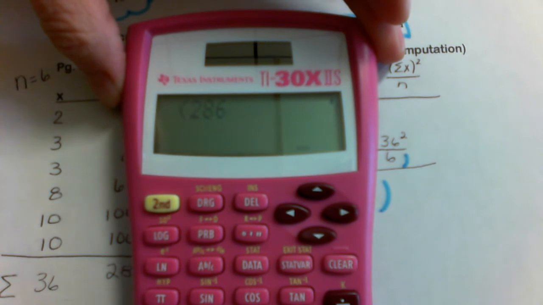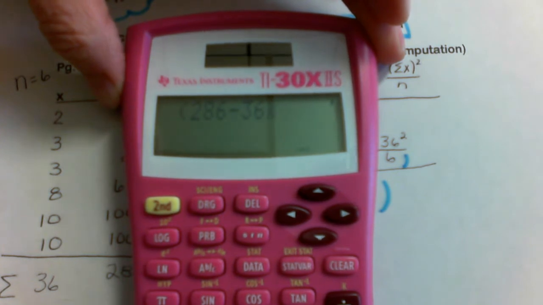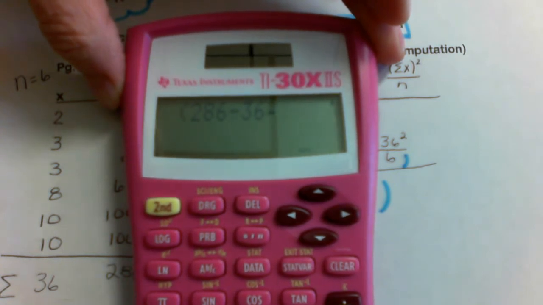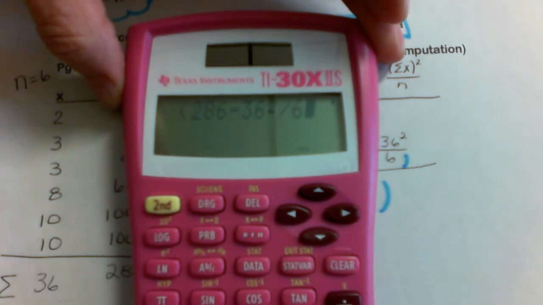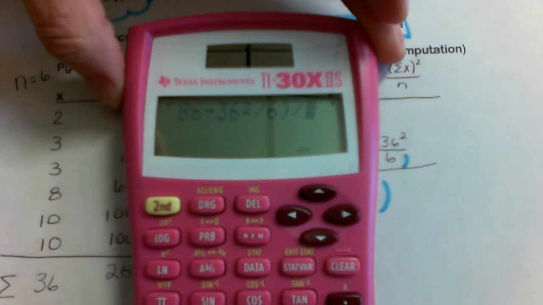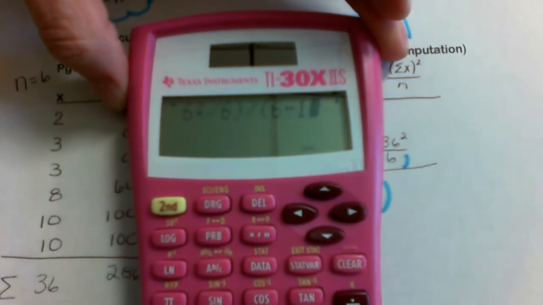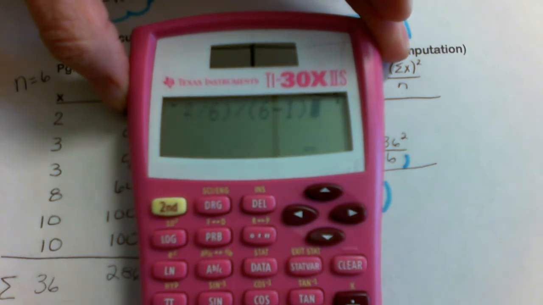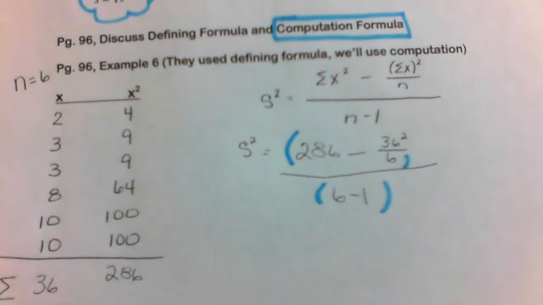286 minus 36 squared, so 36 to the second power divided by n, which is 6, then I'm going to close those parentheses, divided by, open parentheses, 6 minus 1, close parentheses, and now I only have to hit equals once, and I get 14.